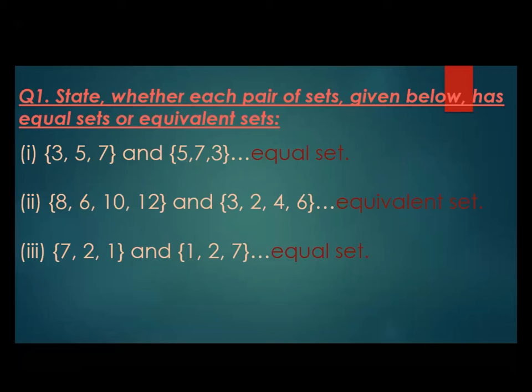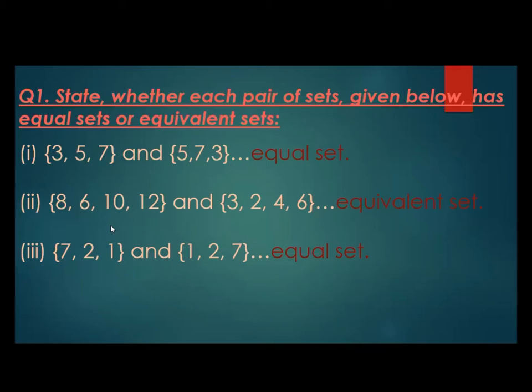But if you observe the second example, we have the set 8, 6, 10, 12, and then we have another set which has 3, 2, 4, 6. Both of the sets have how many elements? Both have 4 elements. But the elements present in the two sets are not the same.